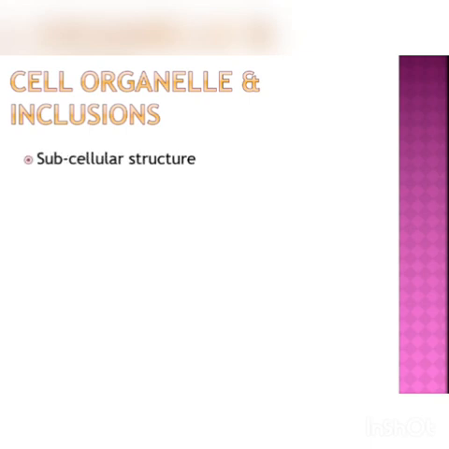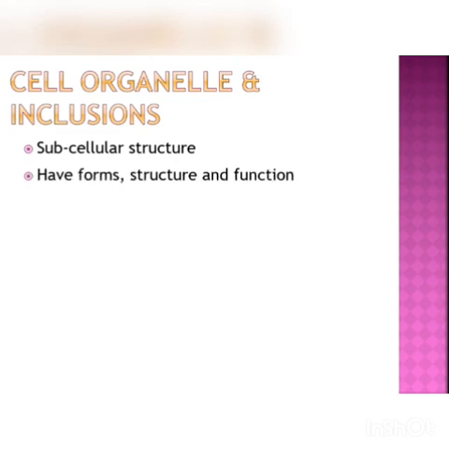The first one is that these organelles are subcellular structures, right, which have their characteristic forms, structures, as well as functions, right. And these organelles are specifically found prominent in eukaryotic cells, right.